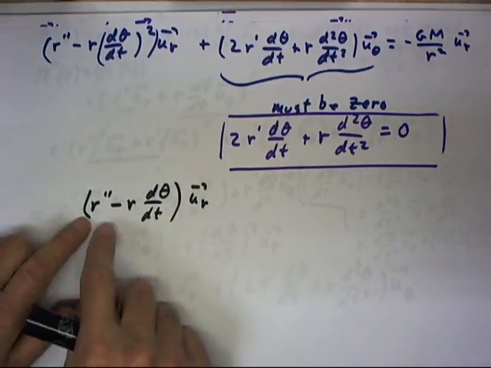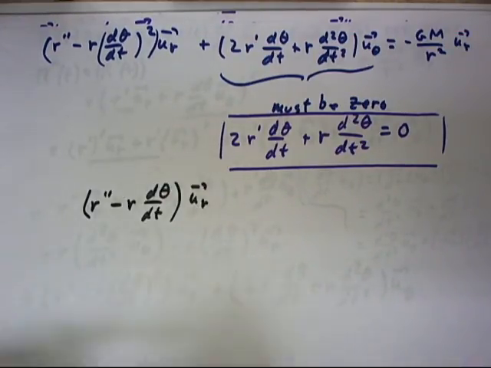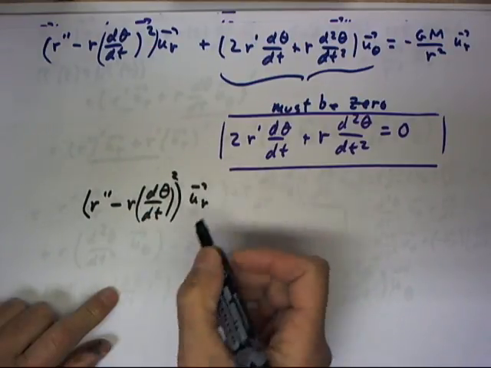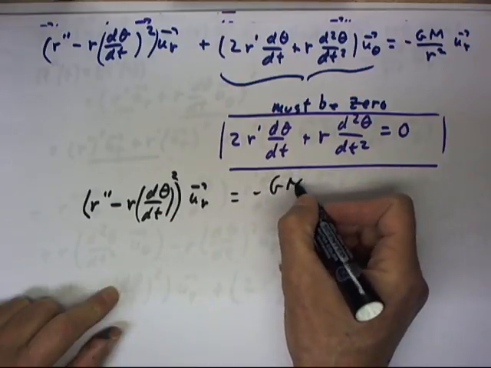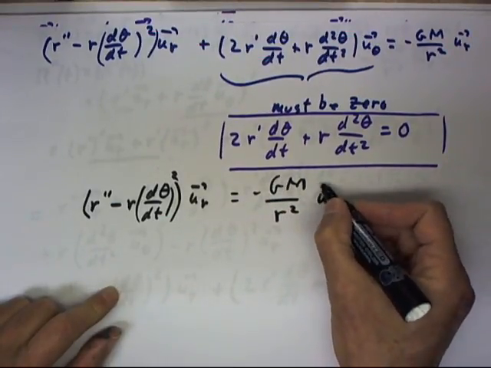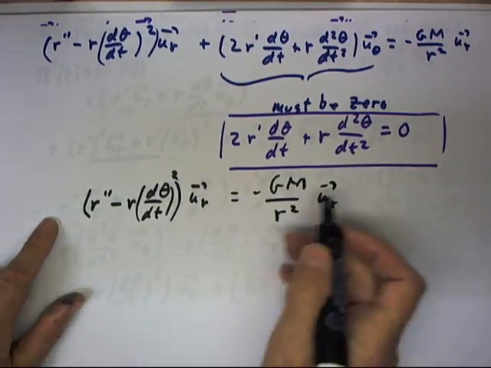But our equation then becomes just this term, and that d theta dt is squared, and this is equal to negative GM over r squared times u sub r. Now, what's this tell us?